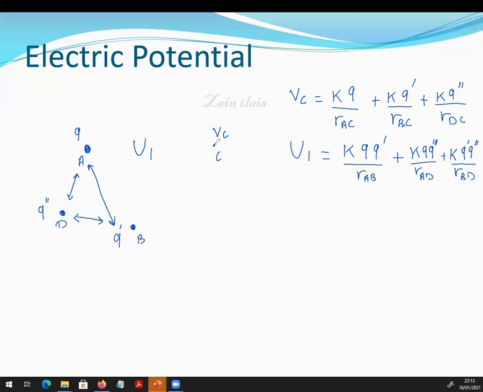At point C, we have the effect of each charge at point C. And here we have the electric potential energy of the system equals U1.